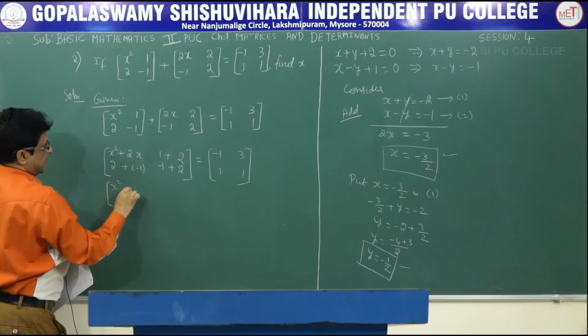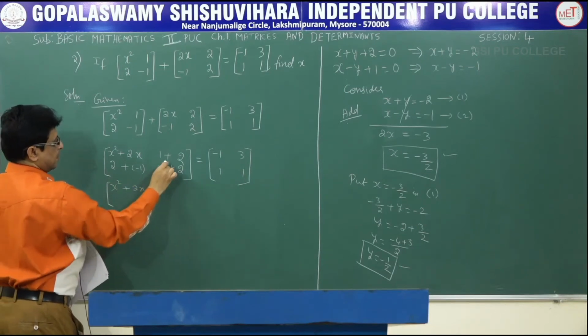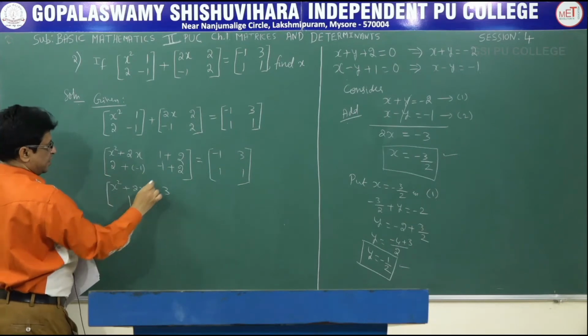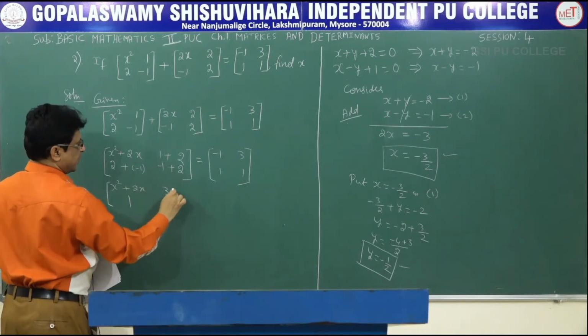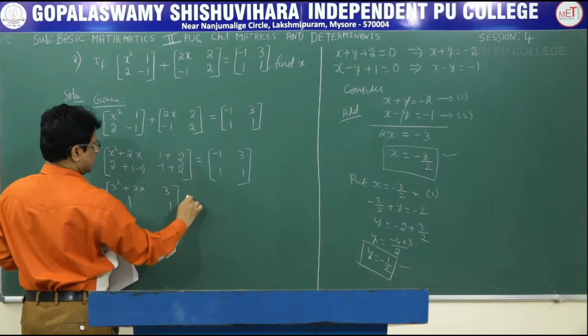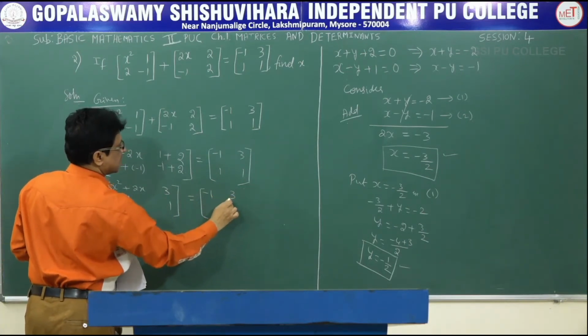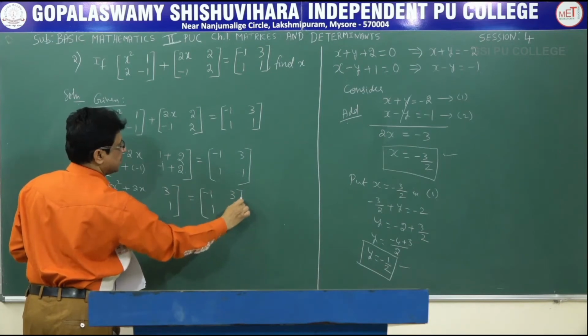Next step, x square plus 2x, 1 plus 2 is 3, 2 minus 1 is 1, minus 1 plus 2 is 1. So that will be equal to [minus 1, 3; 1, 1].